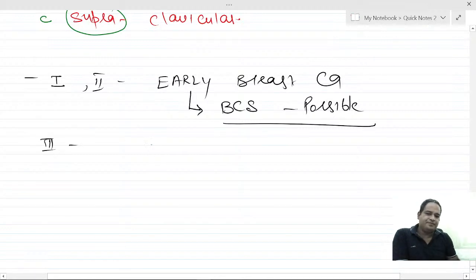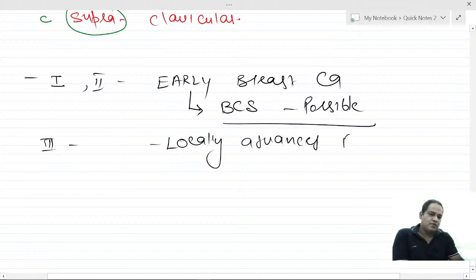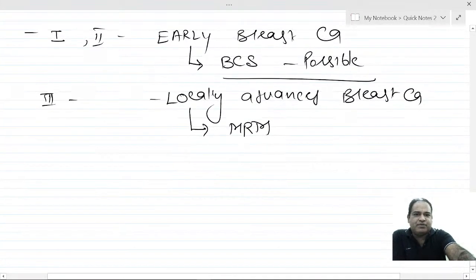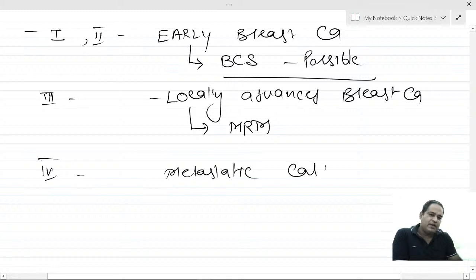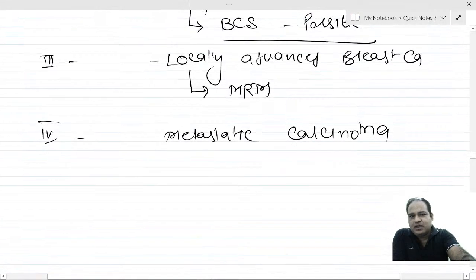Stage 3, locally advanced breast carcinoma, treatment is modified radical mastectomy. Stage 4, of course, is metastatic carcinoma.